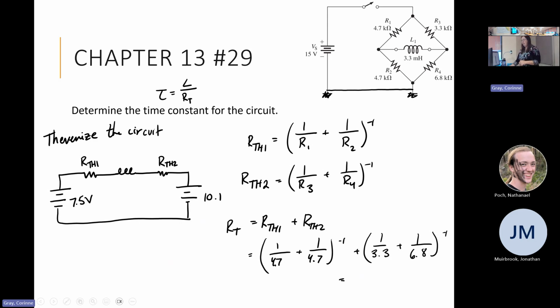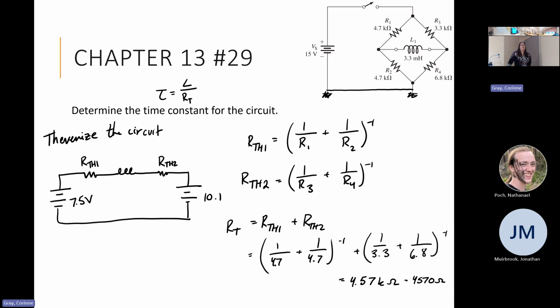Taking that and plugging it in, assuming I did this part correctly, I got 4.57 kiloohms. Or if I wanted to plug it in, 4,570 ohms. Any questions so far on 29?